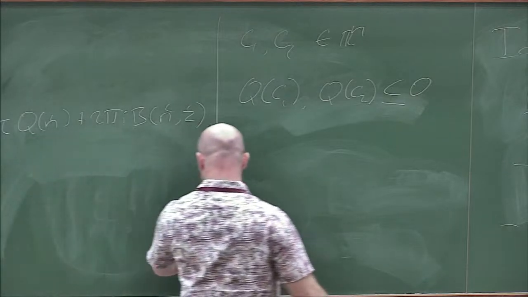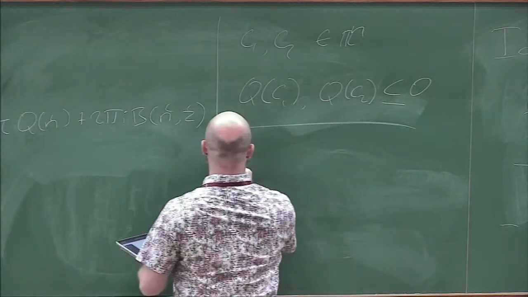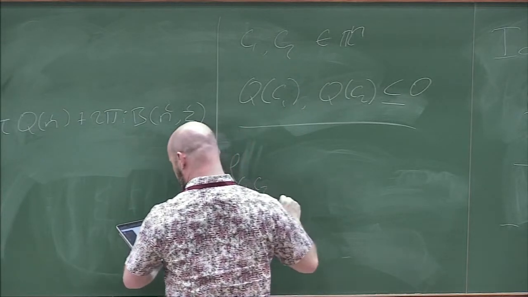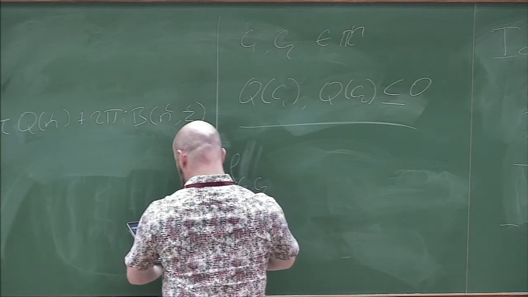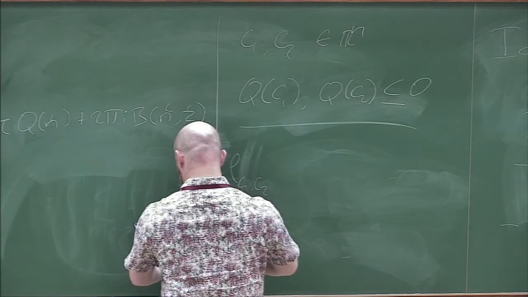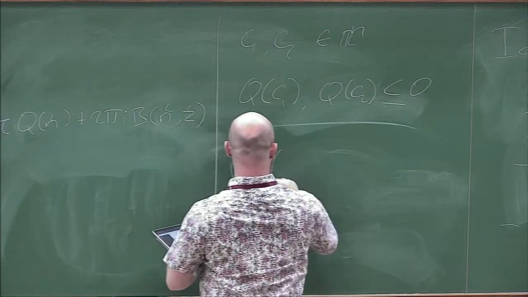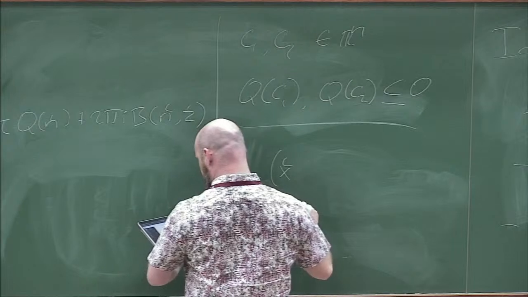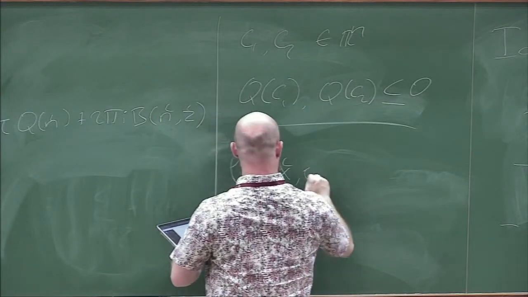Now, with that, we're going to define rho of C1, C2 of, let's say, a vector x, comma tau.